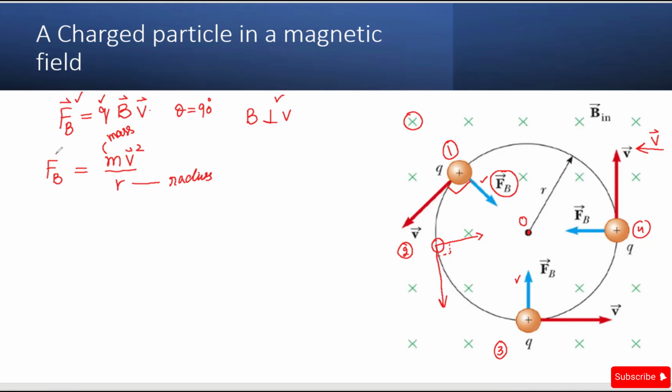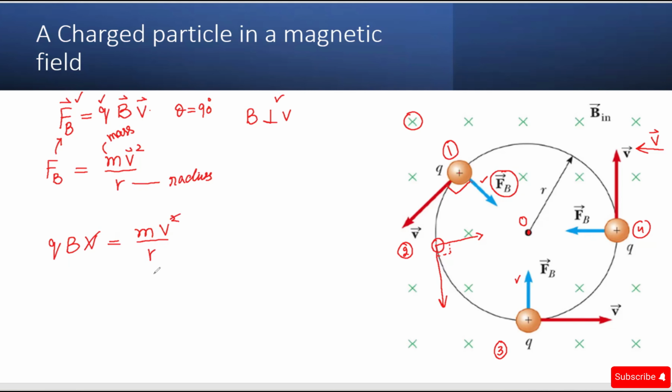So, this force we can put from our first relation, that the charge, strength of magnetic field, and velocity is equal to mass times velocity squared divided by the radius of this circle. Now this velocity, one actually goes, we are left with one here.